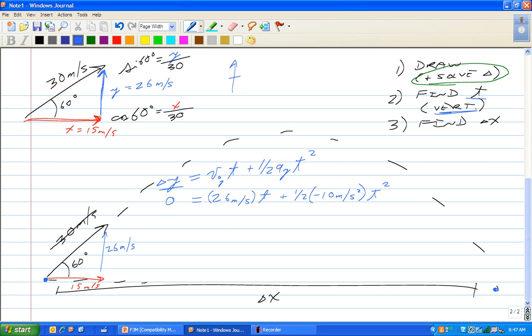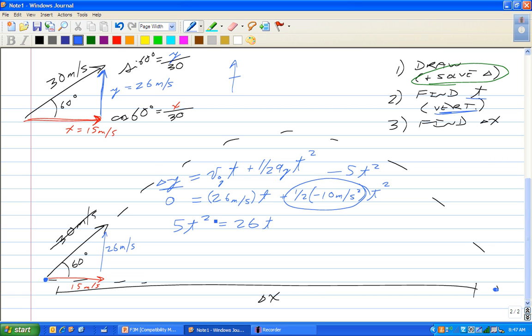Good. So we've got 26 meters per second times time, plus 1/2 negative 10 meters per second squared times time squared. Well, let's see. Let's combine this. What's half of negative 10 meters per second squared? Negative 5 t squared. And so, help me out. What do I do algebraically here? Okay, good. I'm going to move 5 t squared to the other side. It does two things.